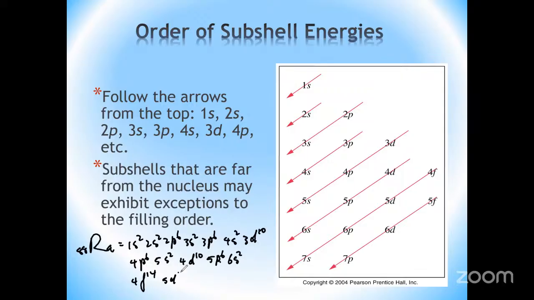Let's see what the count is now. So 36, 38, 48, 54, 56, and 14 as well, 70 plus 10, 80. All right, and then 6p6, so that's 86, and then 7s2, that will be 88. All right, so that's the full electron configuration of radium, right?